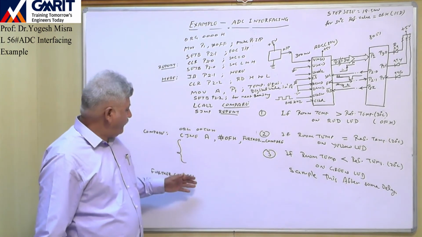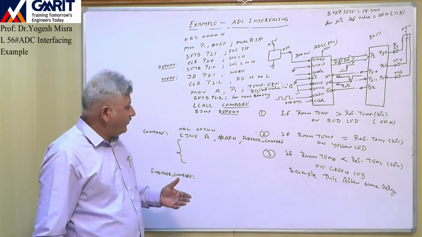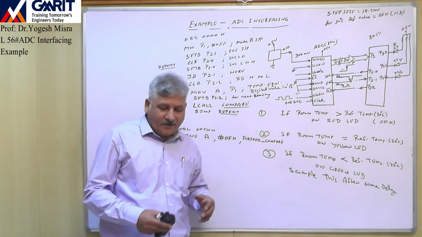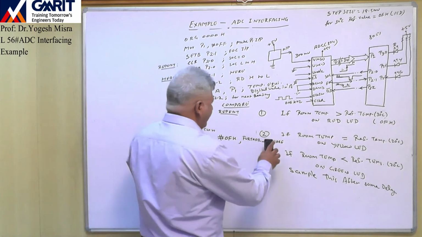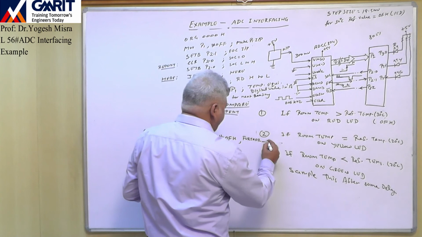Otherwise, we have to further check whether the reference temperature is more or the room temperature is more. So we will write here further check, not compare. Already we have done the comparison, so further check.